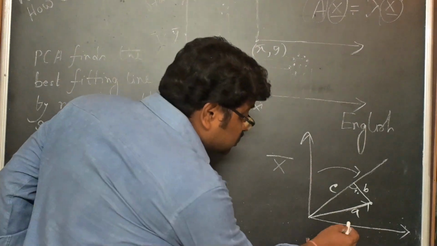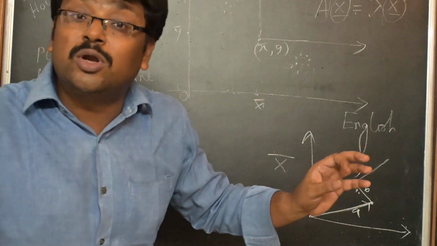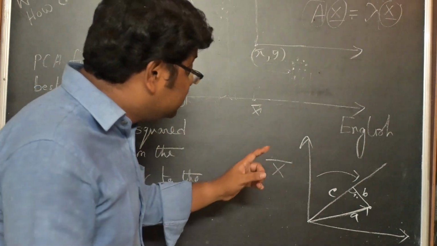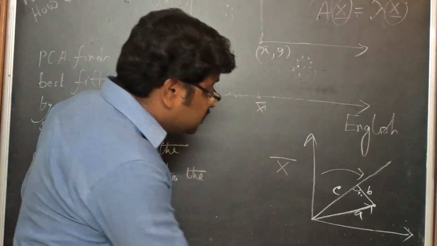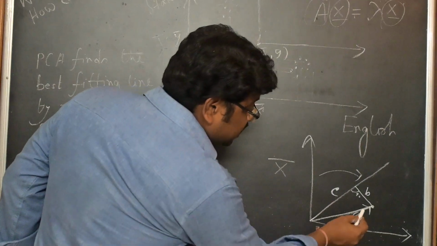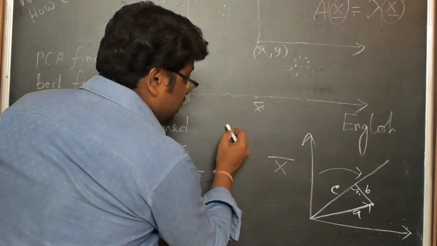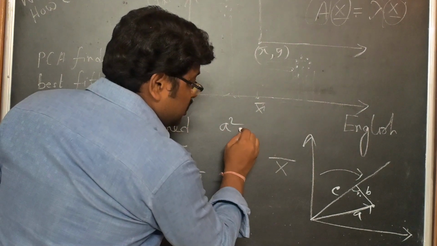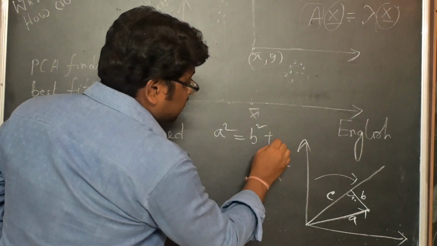Here we should consider a mathematical theorem, the Pythagoras theorem. The Pythagoras theorem shows us that this is 90 degrees, and it means A square equals B square plus C square.